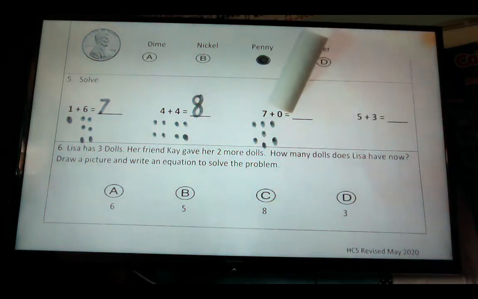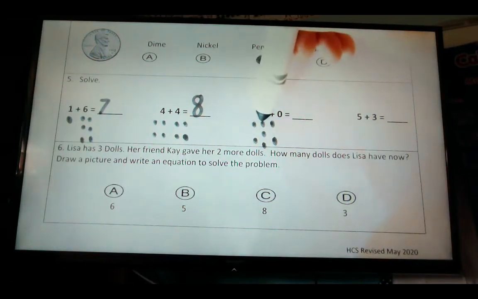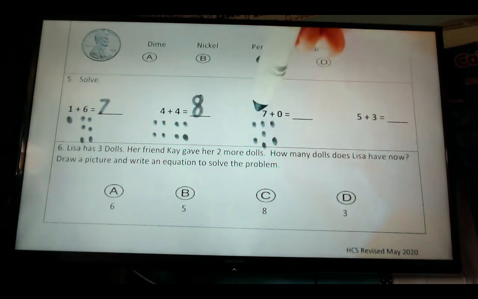The second number is 0. 0 means nothing. So for 0, I'm not going to draw any dots. So, how many dots do I have? Let's count. 1, 2, 3, 4, 5, 6, 7. 7 plus 0 equals 7.